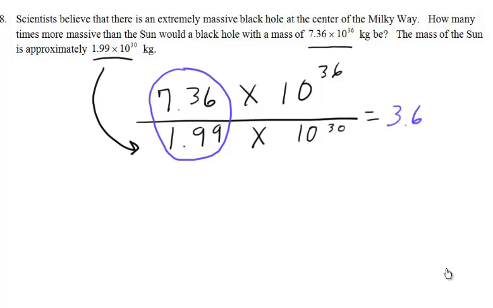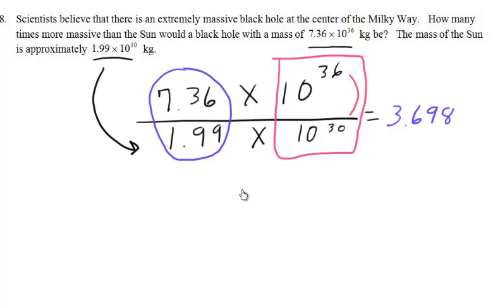3.698, I'm going to round it, just leave it at that, it keeps going. And then of course we have this portion here, which we're just going to subtract from our rules, 36 minus 30.